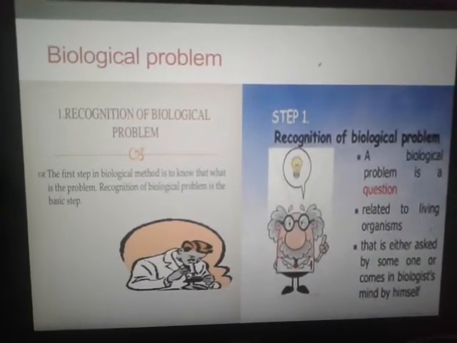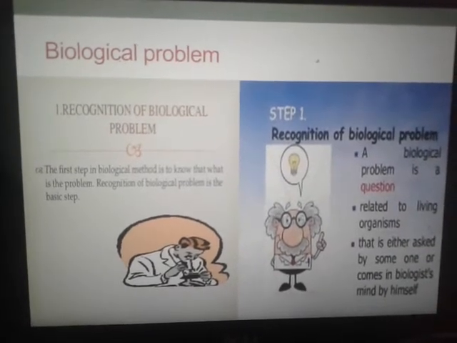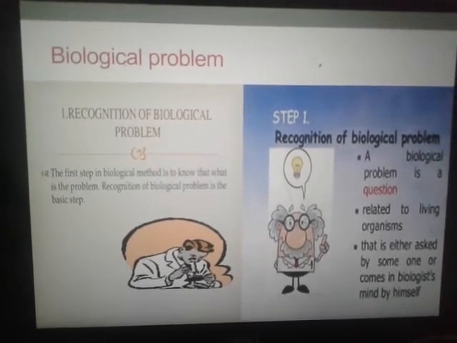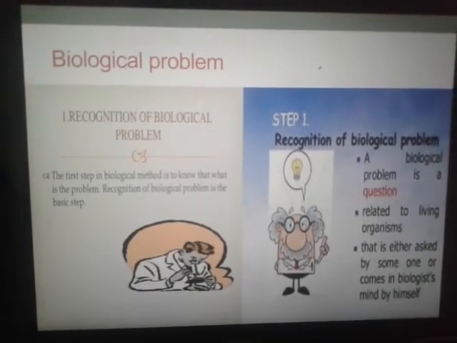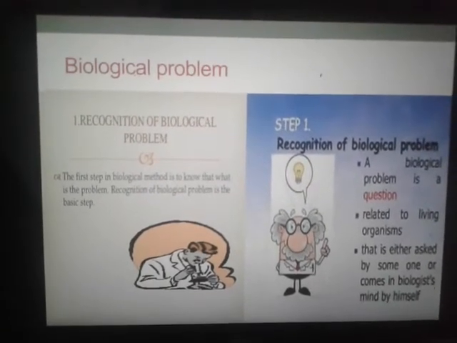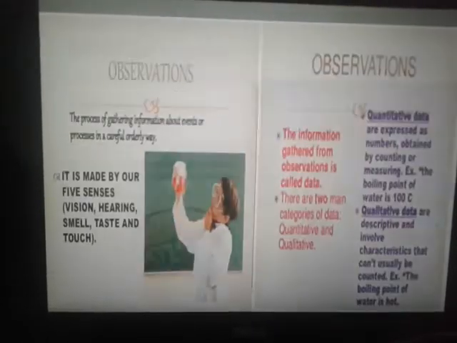The first step is recognition of biological problem, and it is the basic step. A biological problem is a problem or a question related to living organisms that is either asked by someone or comes in the biologist's mind by himself.